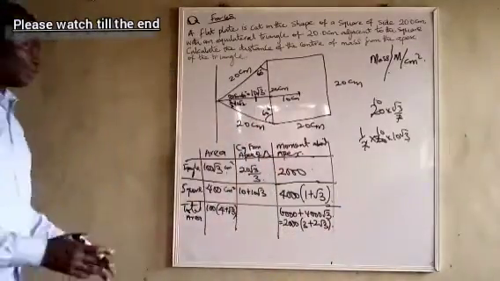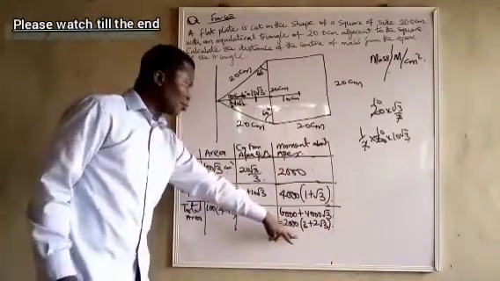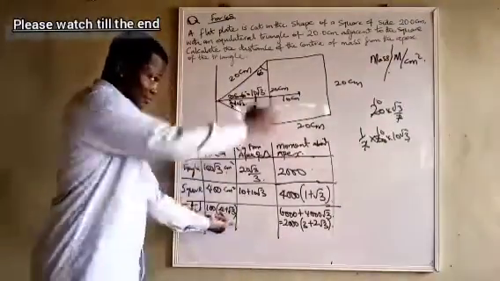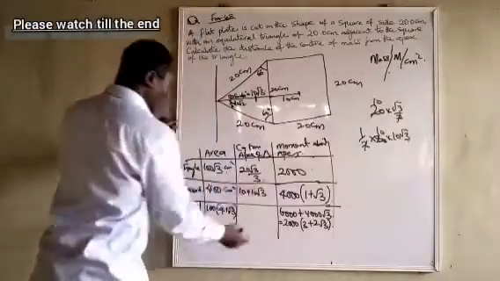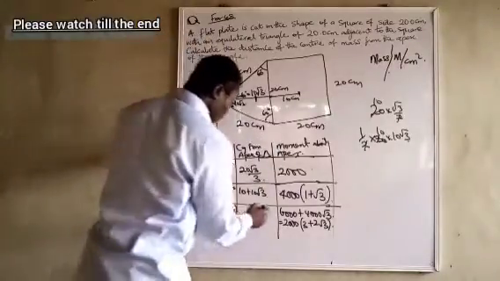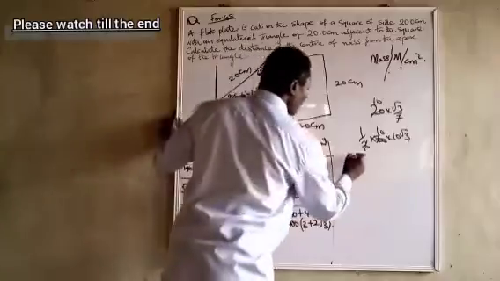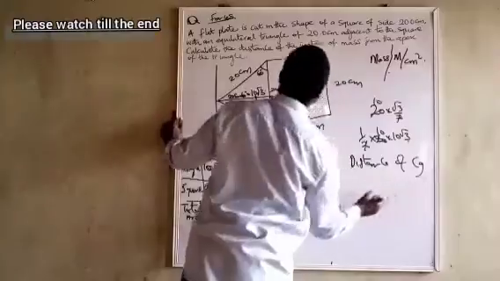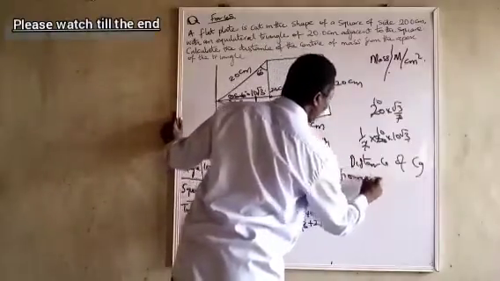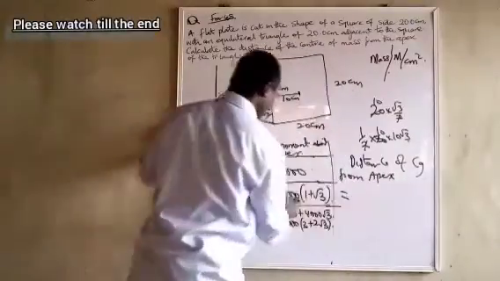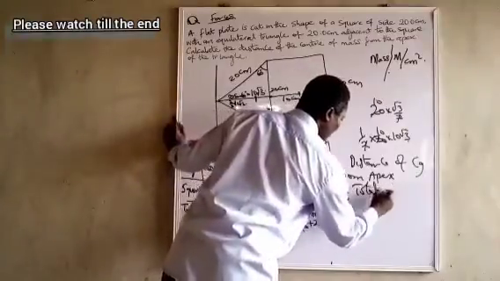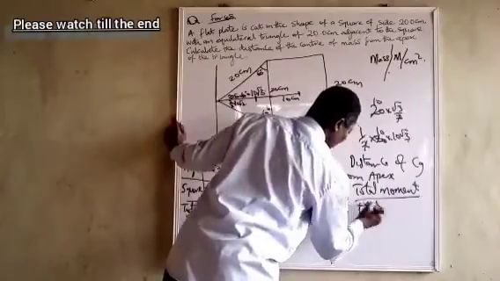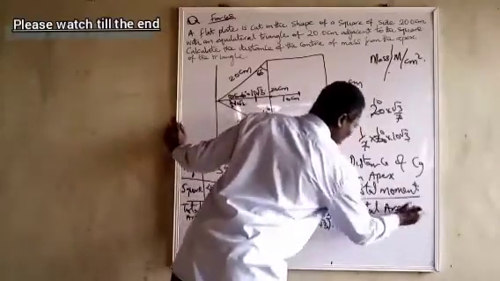Now, to find the CG, I'm going to divide the total moment by the total mass, or total area. Since the mass per area is common, I'm removing it. So the distance of the CG from the apex will be equal to total moment over total area, since the density is the same.